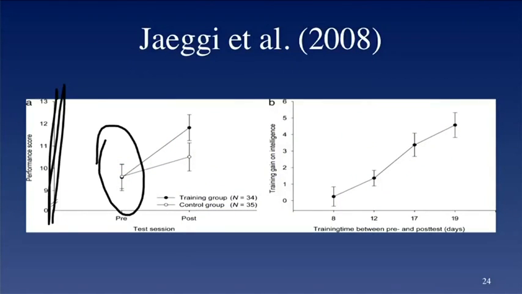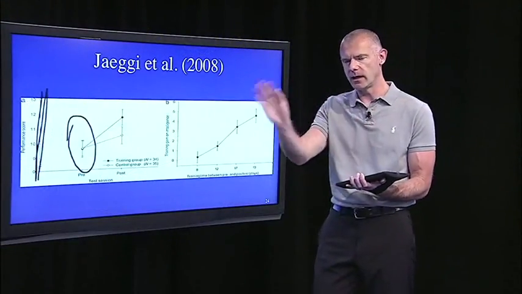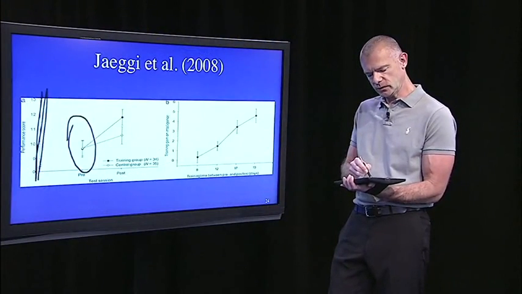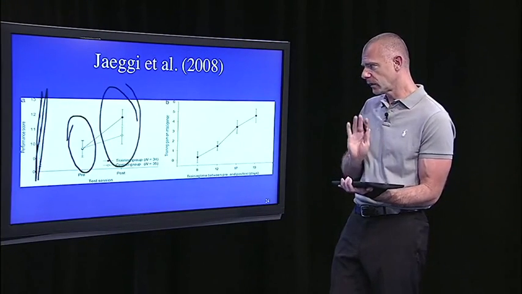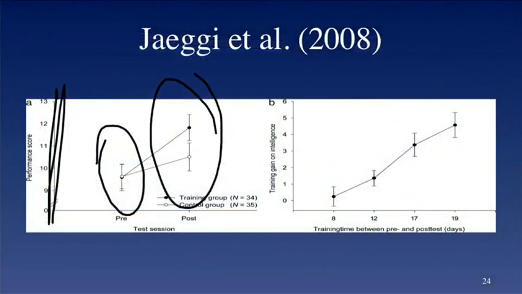So there's no difference between training and no training before the experiment began. That's not surprising. We had random assignment to conditions. What's interesting is that people in the training group, their intelligence scores increased more so than subjects who were in the control group. Subjects in the control group went up a little.